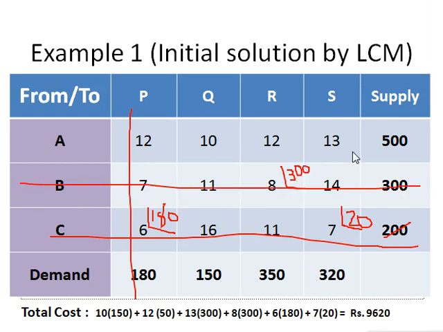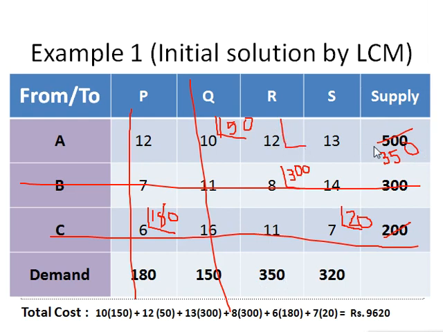Now from the remaining values, the minimum value is this one, so you can allocate 150 from the supply. Again this column is satisfied, and the remaining quantity is 500 minus 150, that is 350. Now the minimum value is 12, so we can allocate here.